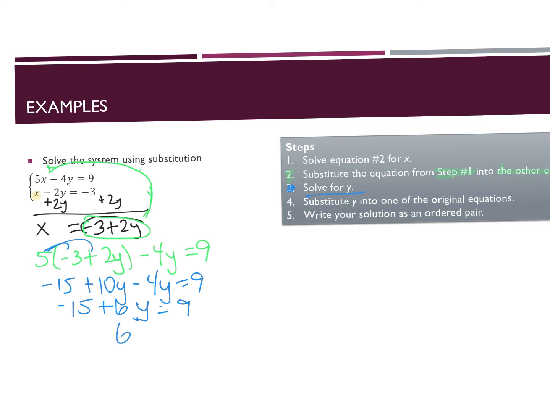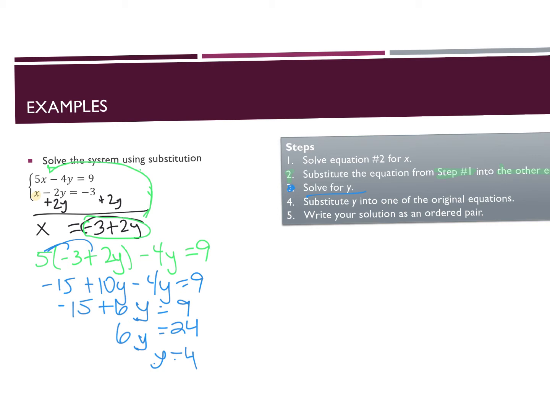Add 15, so 6y equals 9 plus 15 is 24. So y equals 4.